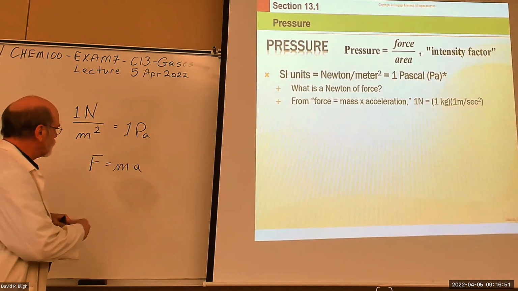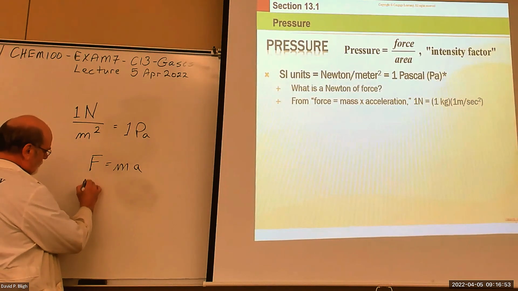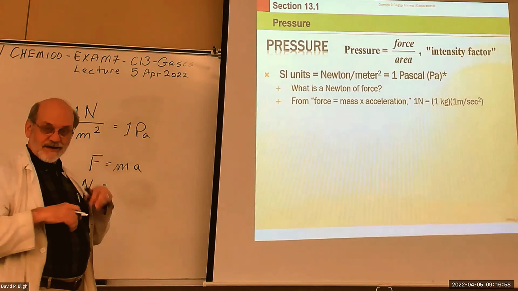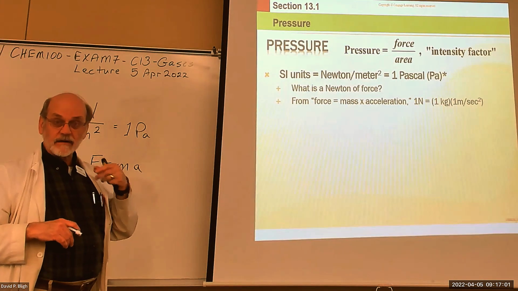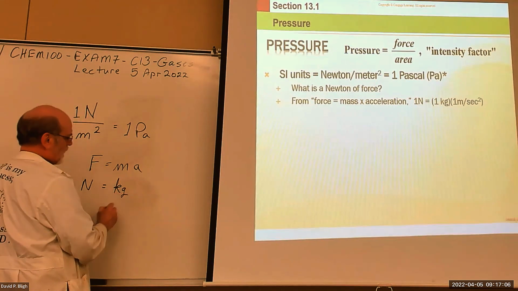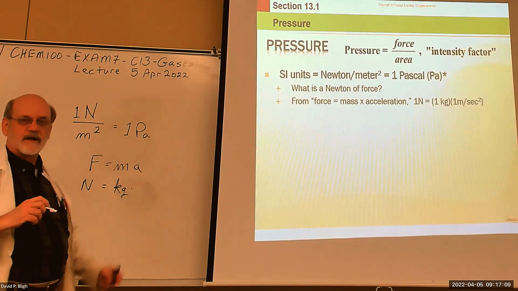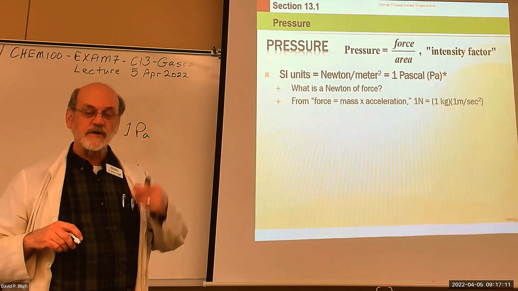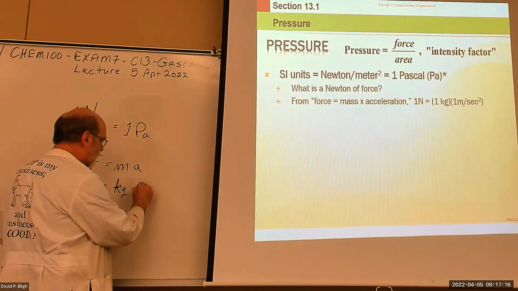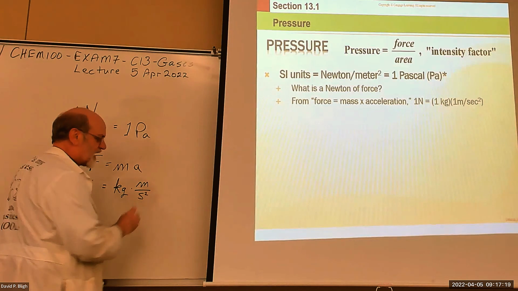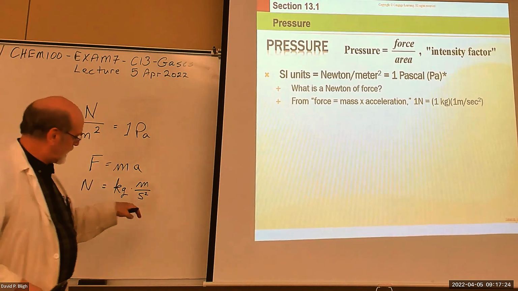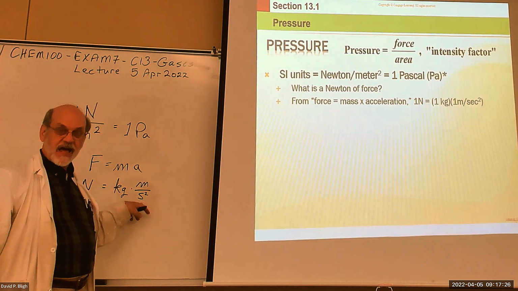This force unit, the Newton, anything in newtons is related to standard or fundamental SI units. Mass is in kilograms. Acceleration, well, first, velocity is meters per second. Those are standard units. But if velocity changes over time, then we have an additional time factor in there.